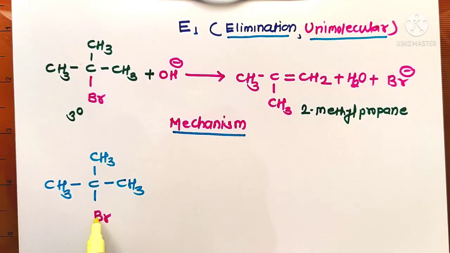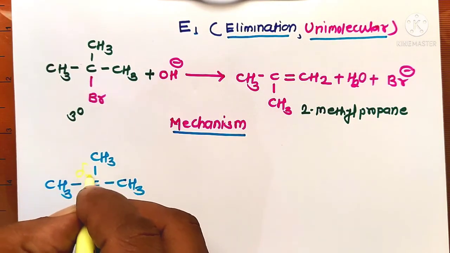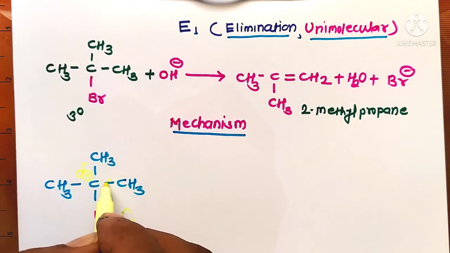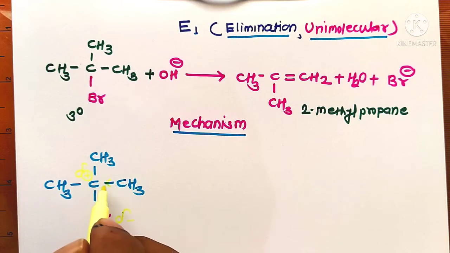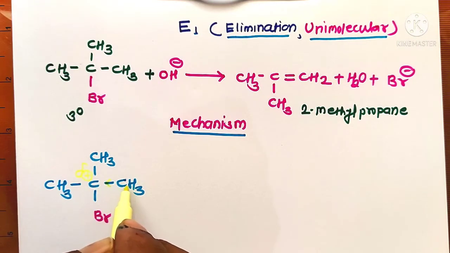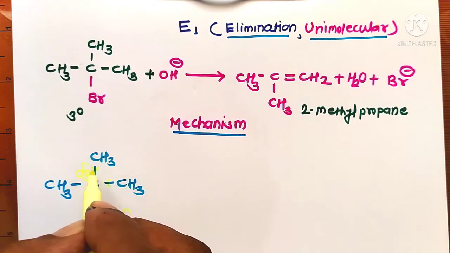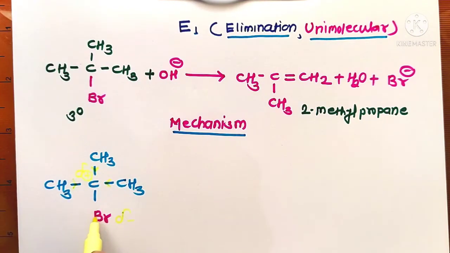Br is more electronegative than carbon, therefore Br is delta negative and the central carbon atom is delta positive. The three CH3 groups are electron donating, so there is flow of electrons from the CH3 groups toward the central carbon atom. But since bromine is more electronegative than carbon, there is flow of electrons from the central carbon atom toward the Br atom.